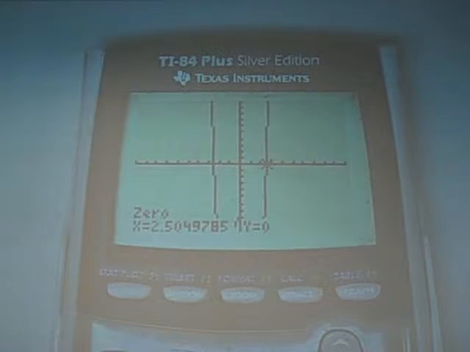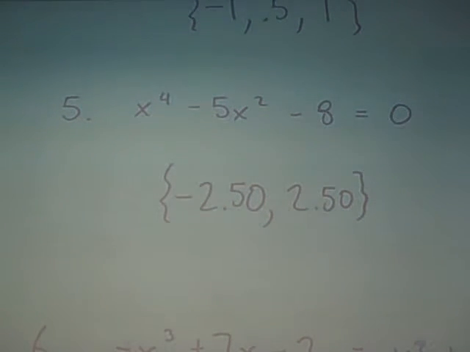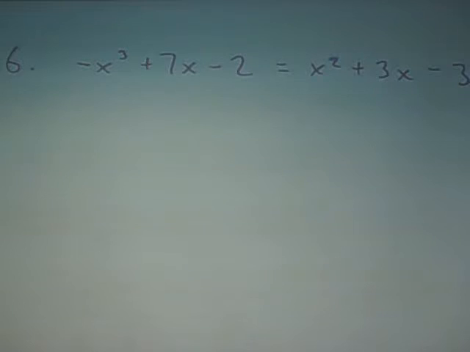And so by symmetry we could have also gotten this, but it's positive 2.50 to two places. So I would write the solution set as this, negative 2.50 to positive 2.50.